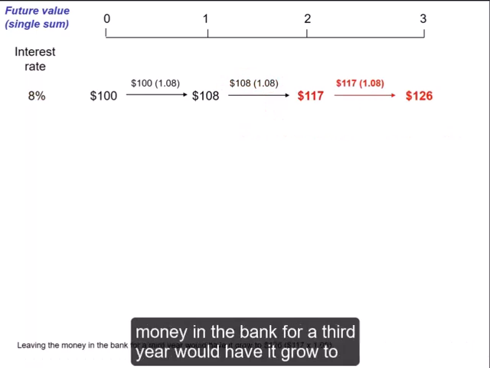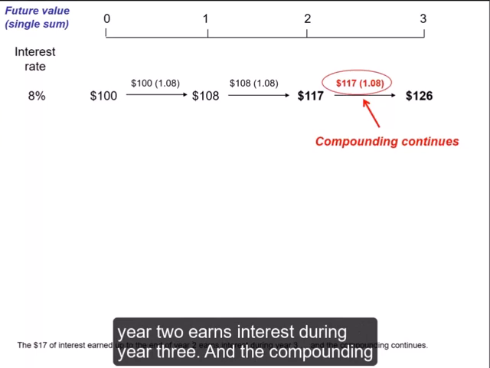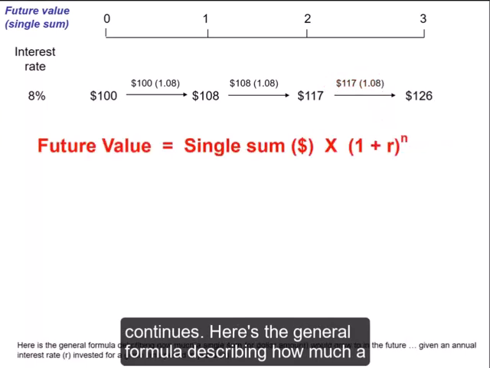Leaving the money in the bank for a third year would have it grow to $126: $117 times 1.08. The $17 of earned interest up to the end of year 2 earns interest during year 3, and the compounding continues.